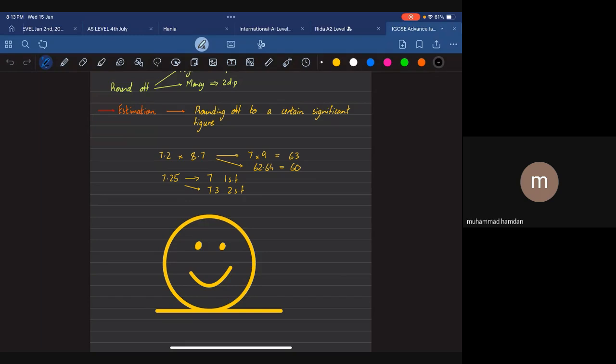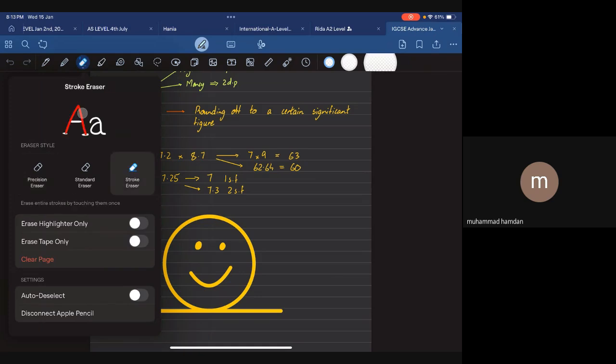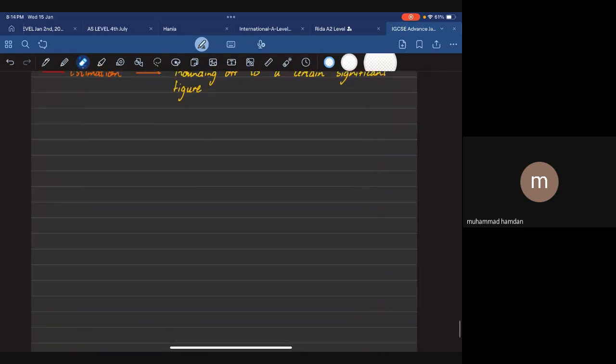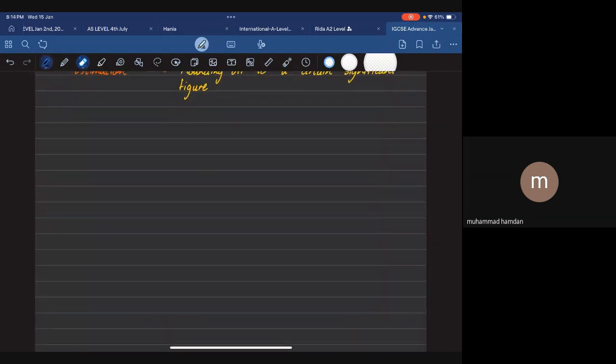We saw yesterday the main difference between rounding off and estimation. And today we are going to look into bounds, upper bounds and lower bounds. So, can anyone describe what bounds are?